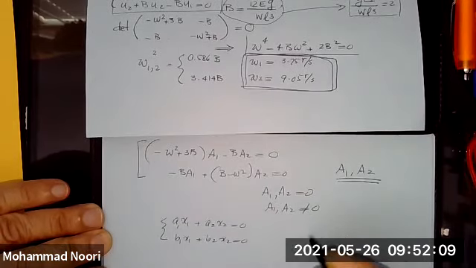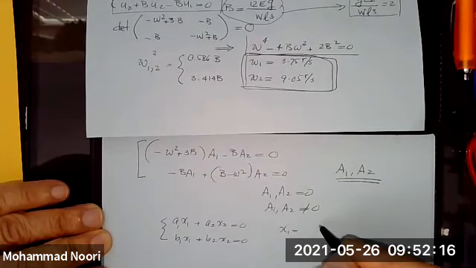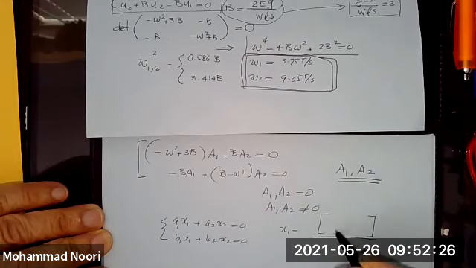The way you solve for x1 and x2, x1 would be this numerator divided by this denominator.